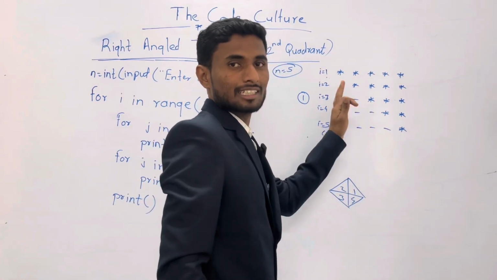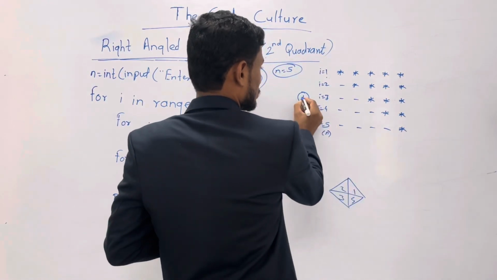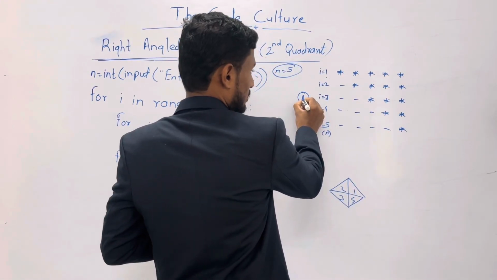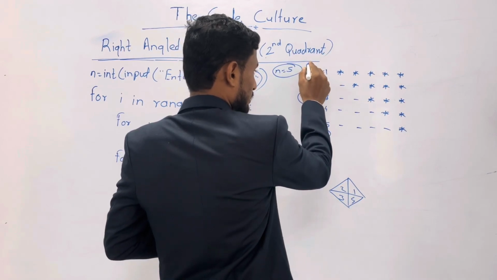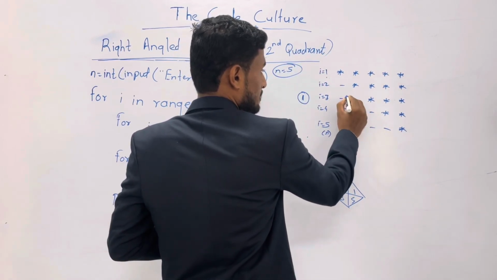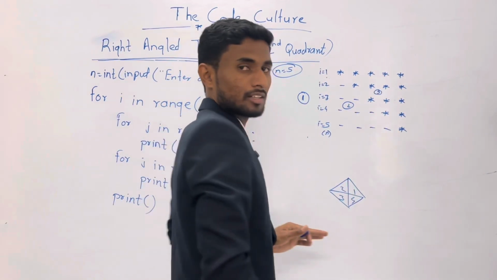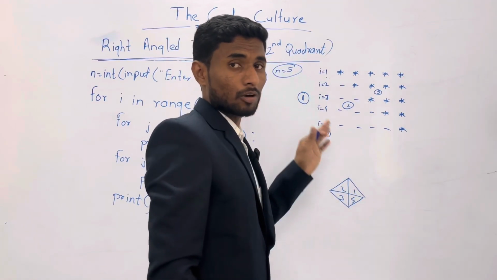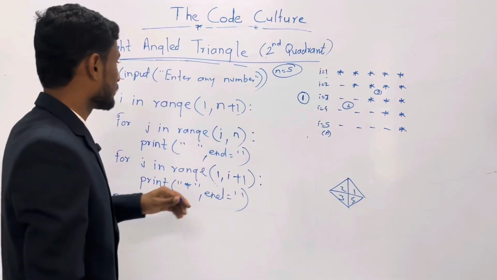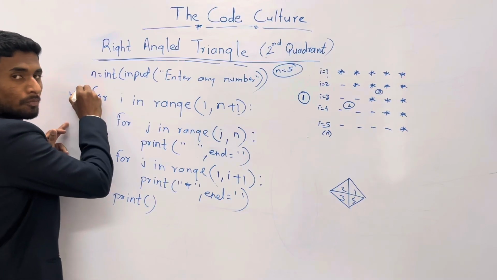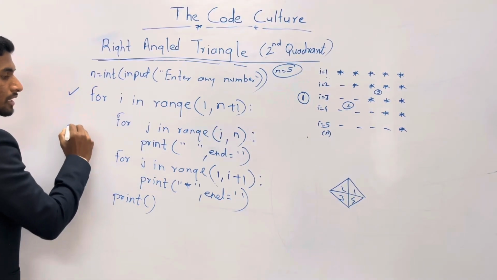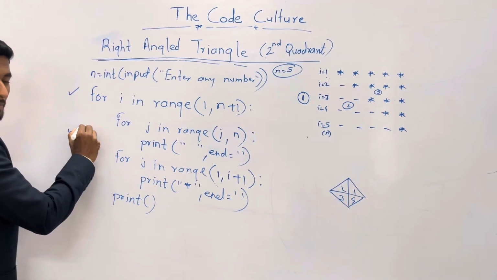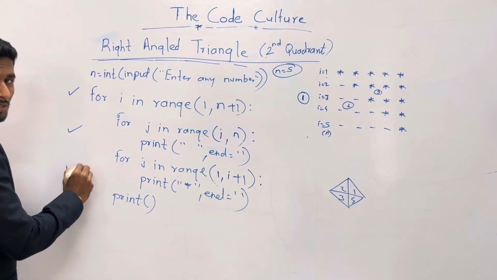Assume that this dash is nothing but a space. So the first for loop is for the number of rows, the second for loop is for the number of spaces, and the third for loop is for the number of stars. How many for loops are required? 3 for loops are required.